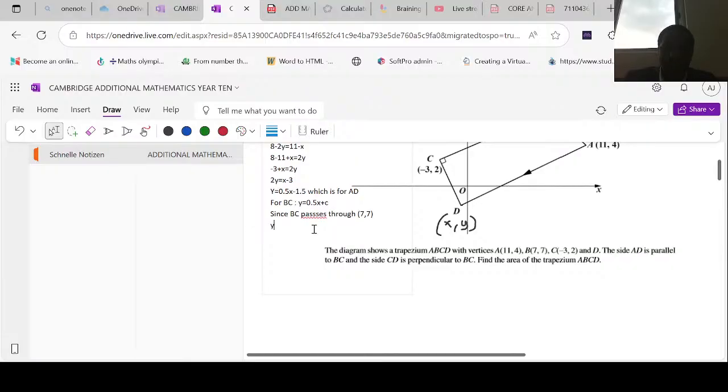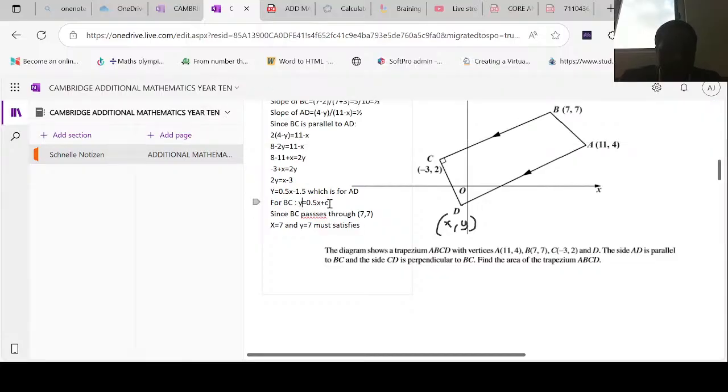Meaning that x equals 7 and the corresponding value of y equals 7 must satisfy y equals 0.5x plus c, because that's the equation of the line. So I'll just copy and paste this. It must satisfy this equation.